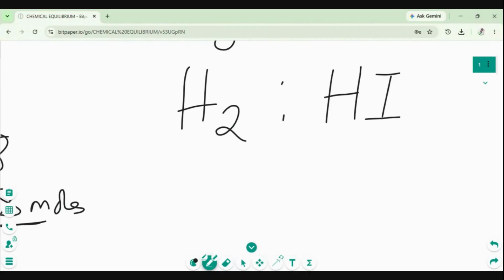So the mole ratio tells us that whenever you have 1 mole of hydrogen, you're going to form 2 moles of hydrogen iodide.